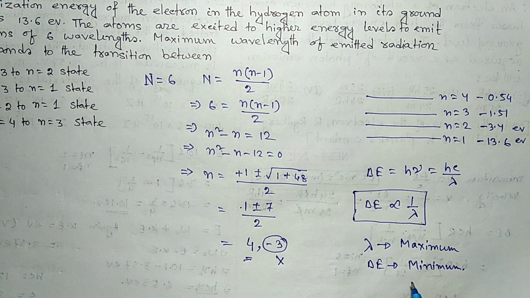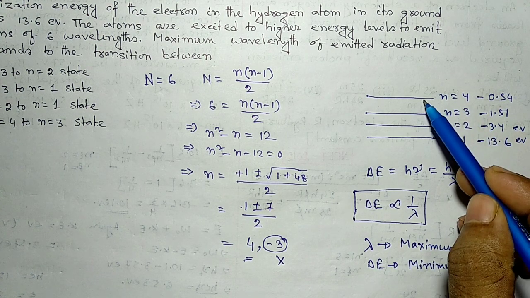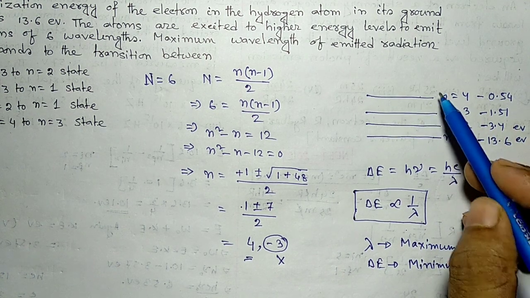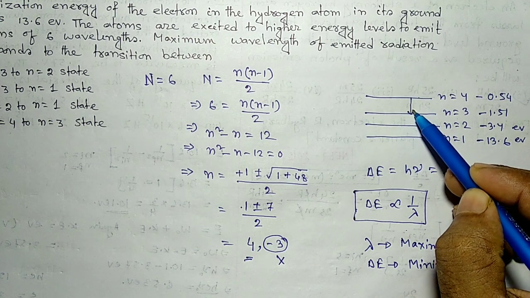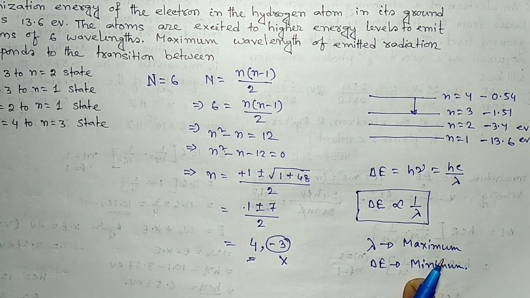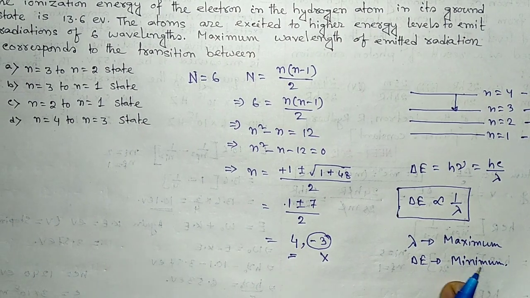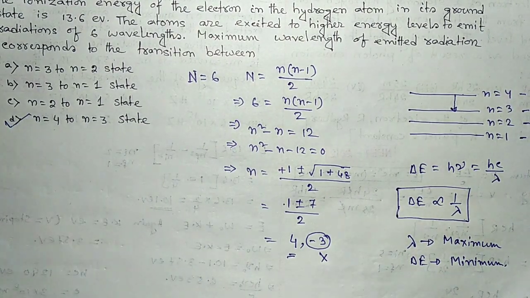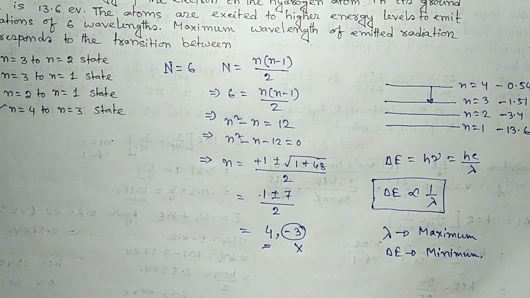So energy difference will be minimum, that means lambda maximum. We have to find out where lambda is maximum. So for n = 4 to n = 3, in this transition delta E will be minimum, so lambda will be maximum. So right answer will be n = 4 to n = 3 state. So option D is the right answer. Okay, thank you.